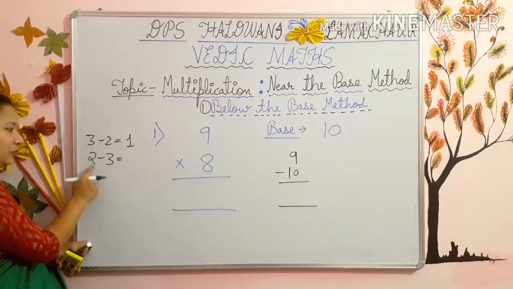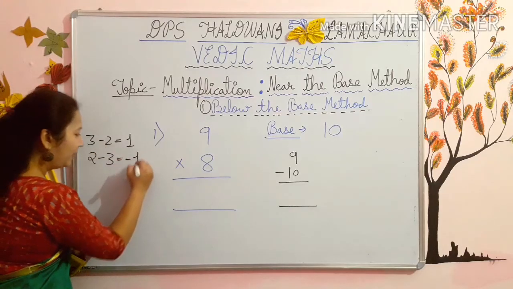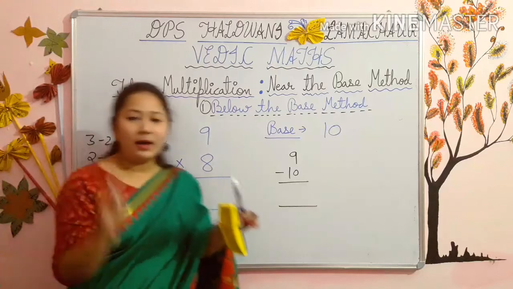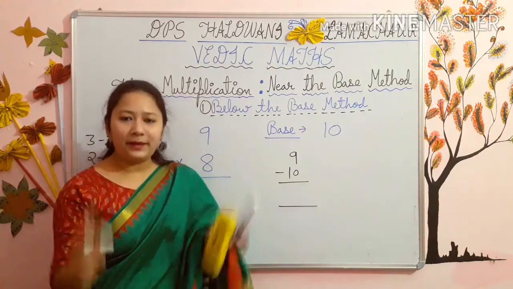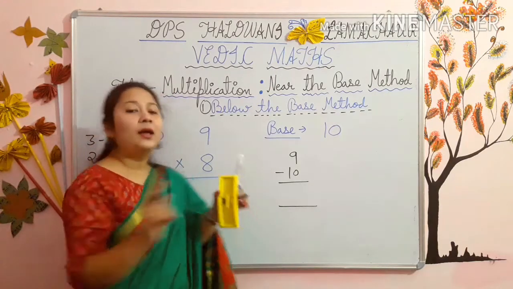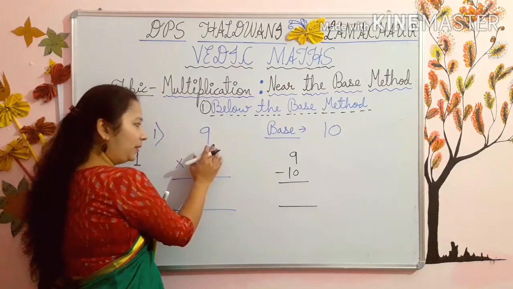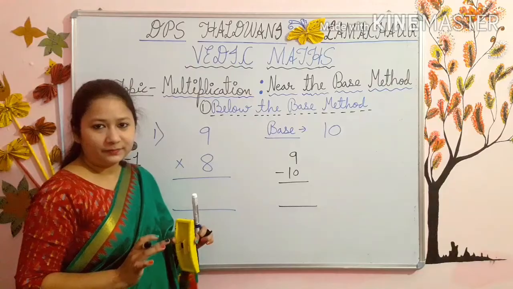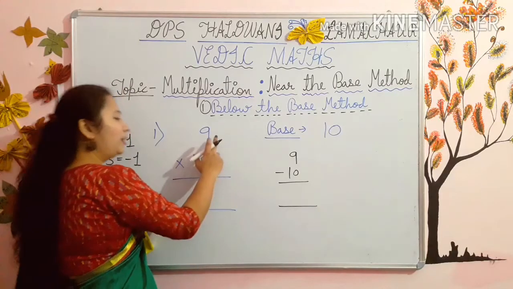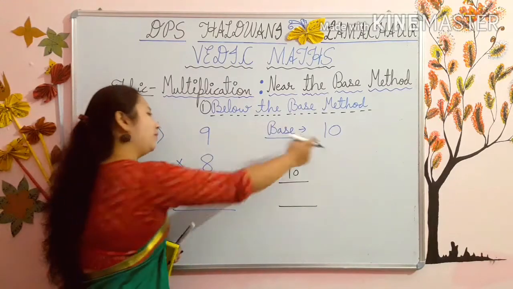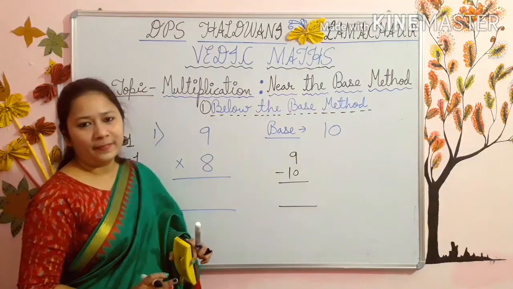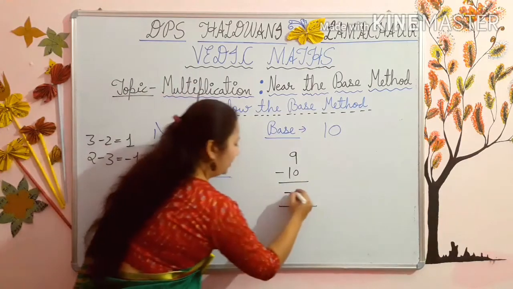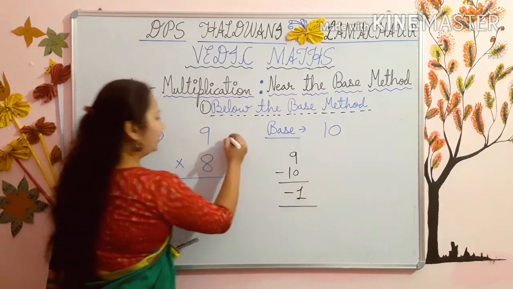But if you do 2 minus 3, it will be minus 1. In the same way, keep in your mind that you have to subtract. How will you subtract? You have to subtract the base from your number. Means you have to write your number first and then write the base. So 9 minus 10 is minus 1. So write here minus 1.